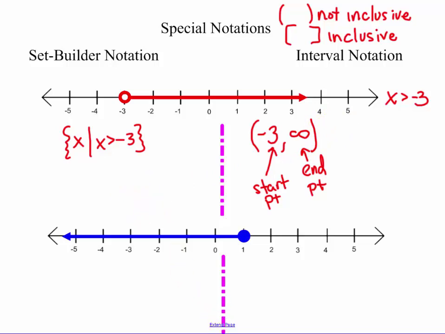Okay, this next example, its x's are greater than or equal to, I apologize. For our next example here, x's are less than or equal to positive 1. So again, our set builder notation is easy. x such that x is less than or equal to 1. Now, interval notation.